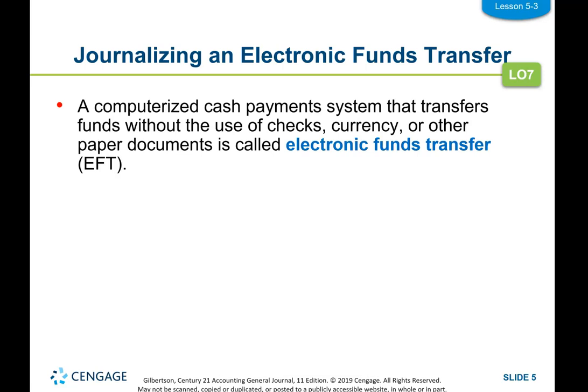A lot of modern banking is done electronically without the use of paper currency or a written check. You're just doing direct deposits or fund transfers. So we call that an EFT, for electronic fund transfer.